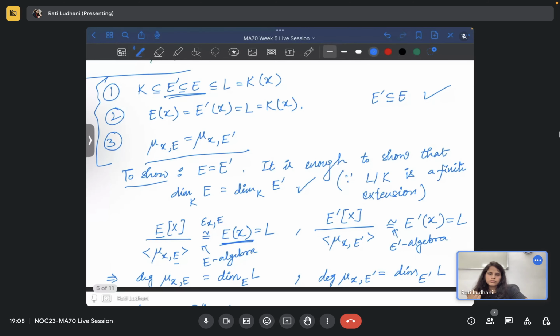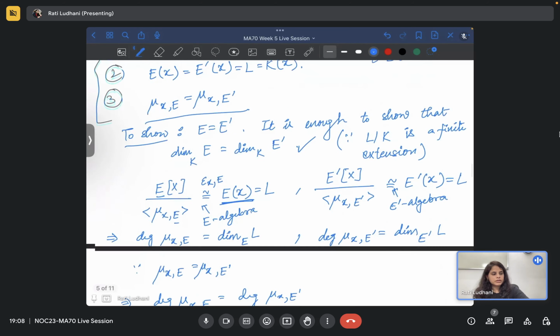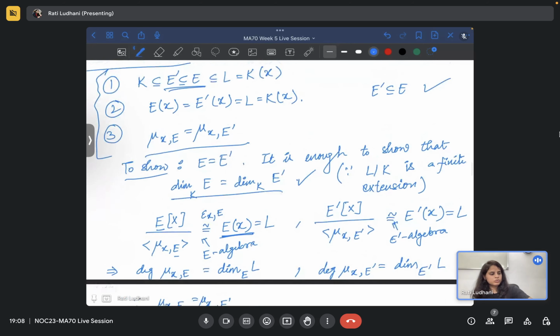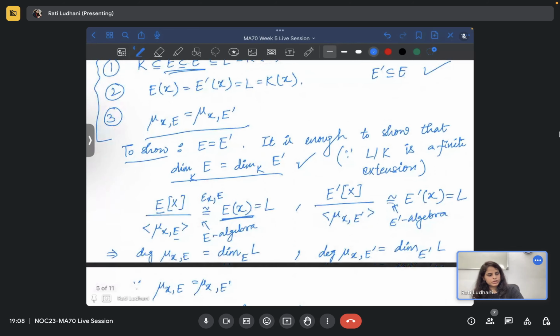So if we prove the dimension of E is the same as the dimension of E dash over the same field which we have taken to be K, then even this, but we have proved the other thing, that E over E dash is equal to 1, which also means E is equal to E dash, because E dash is contained in E, so the dimension is just 1, so these have to be equal, right? Since these are finite extensions, we can talk about the dimension formulas.